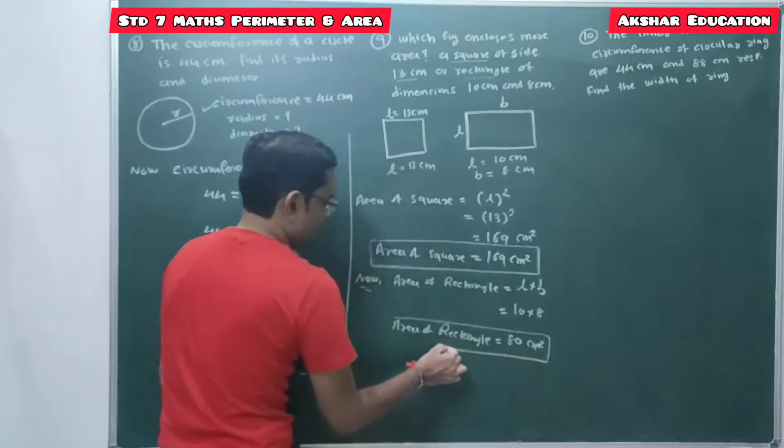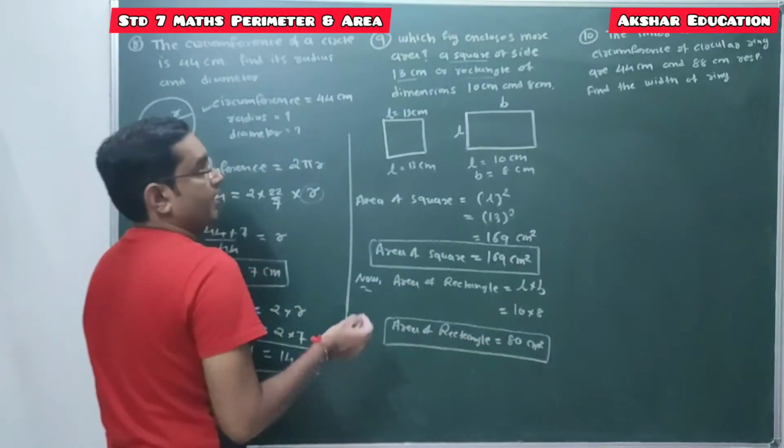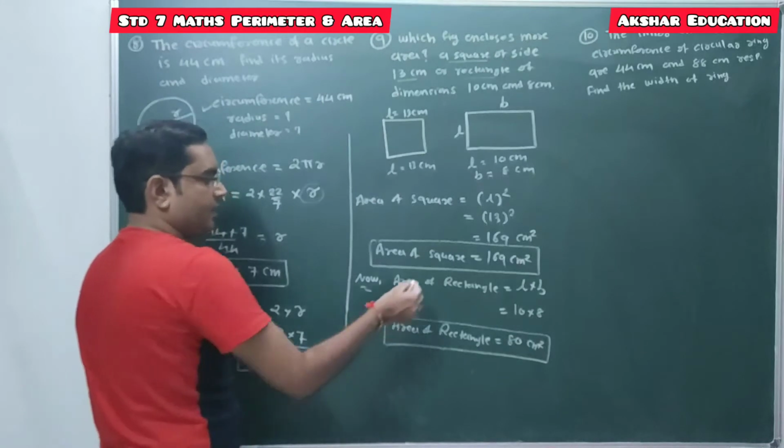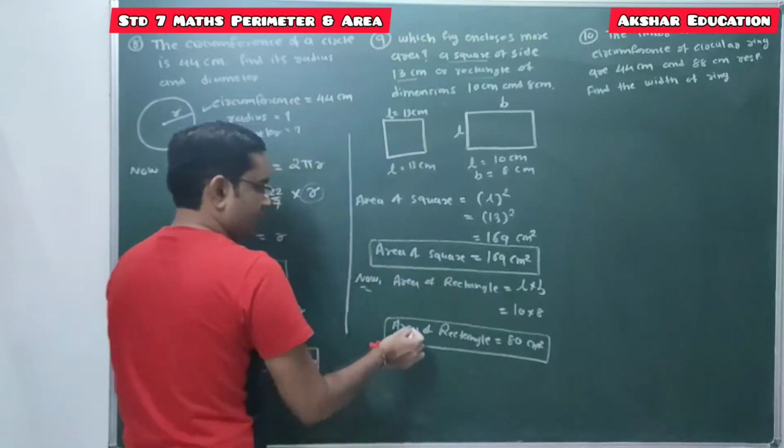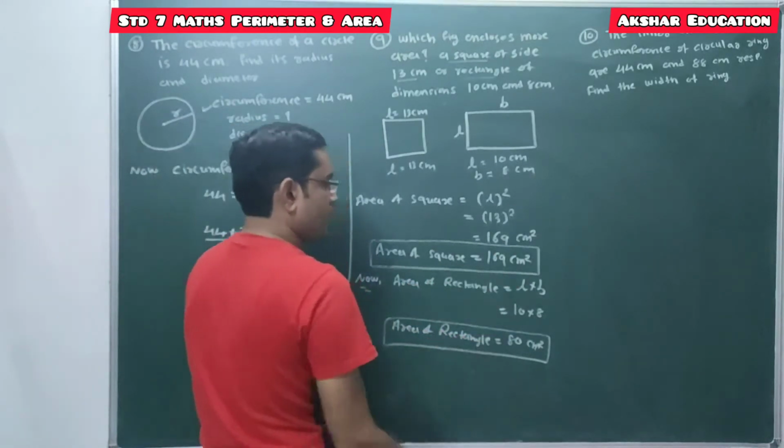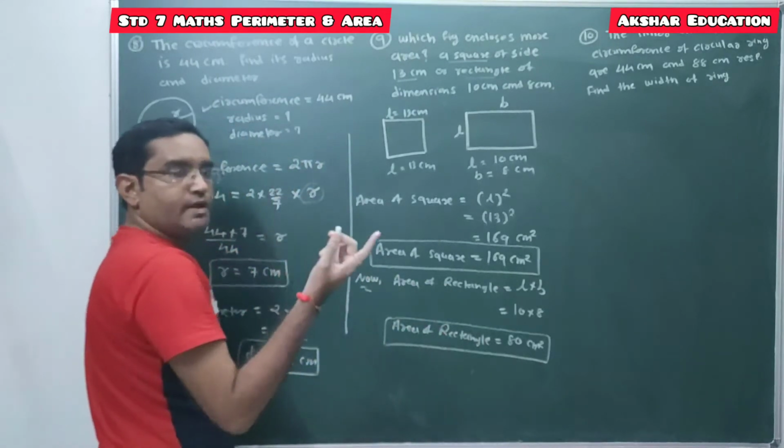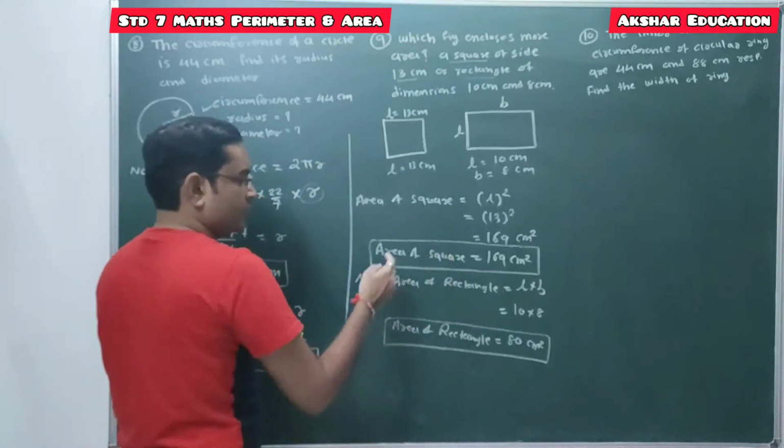Now you can give your answer. Which figure encloses more area? Area of square is 169 and area of rectangle is 80 centimeter square. So which figure encloses more area? 169, so the area of the square.